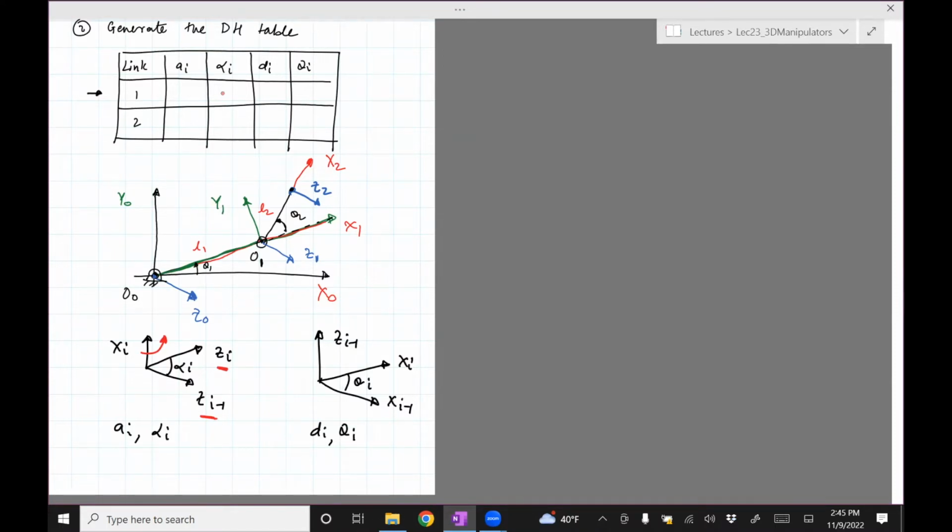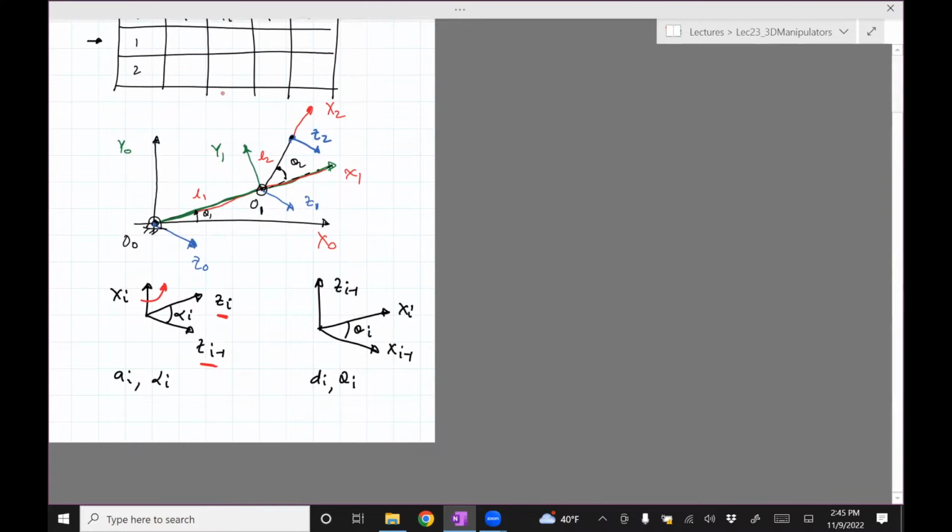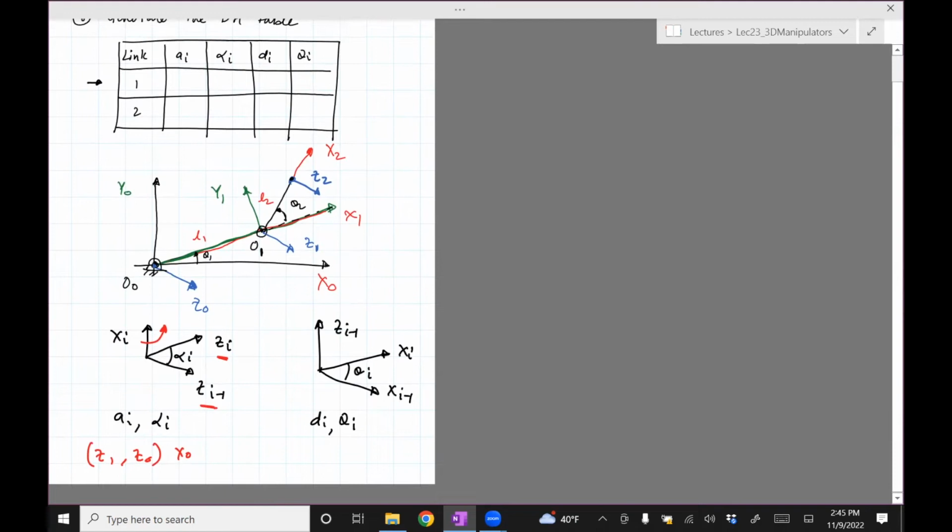And so we are trying to figure out the angle between z1 and z0 about x1. When you are doing this, you need to go from z0 to z1.